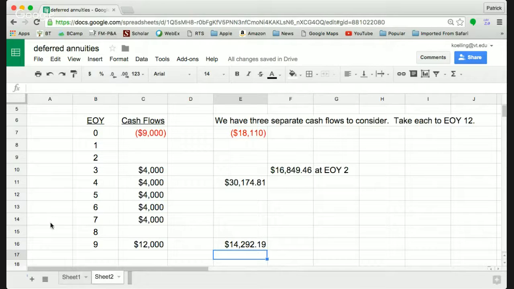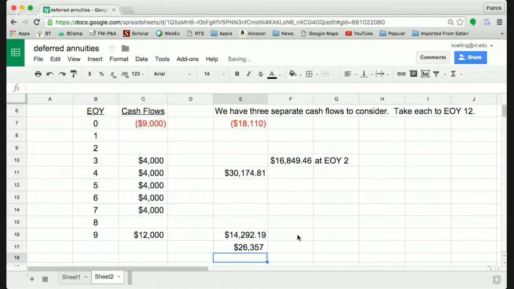So we've moved each one of these sets, the negative 9,000, the 4,000 series, and the 12,000 single amount. We've moved each one of those to the end of year 12. Now that each one is at the same point in time, I can add them. I couldn't have added them before, but now each one occurs at the same time, so I can add them up. So the future amount I'm interested in is the negative 18,110 plus the 3,174 plus the 14,292, and there we have it.